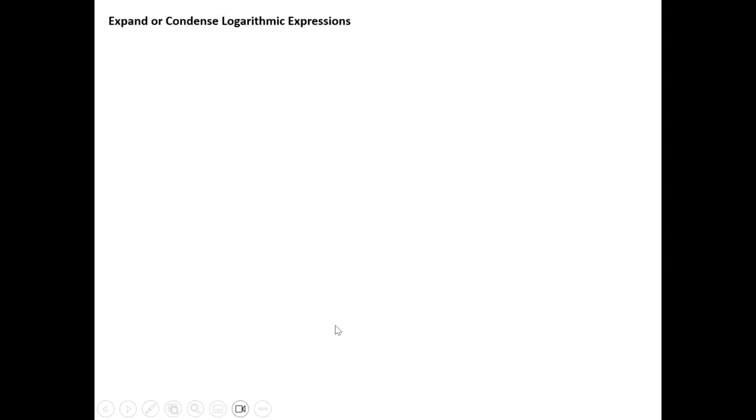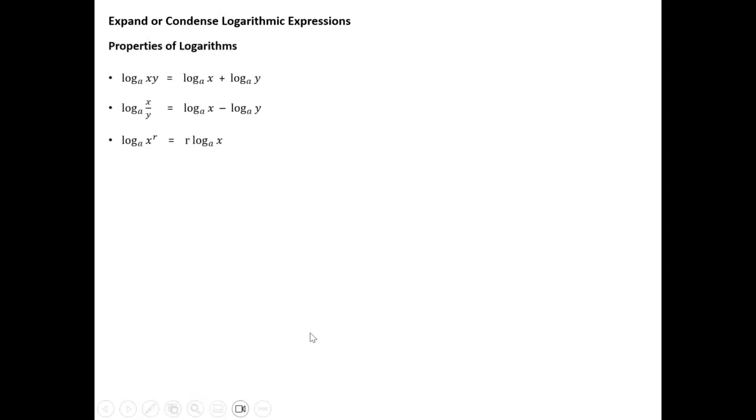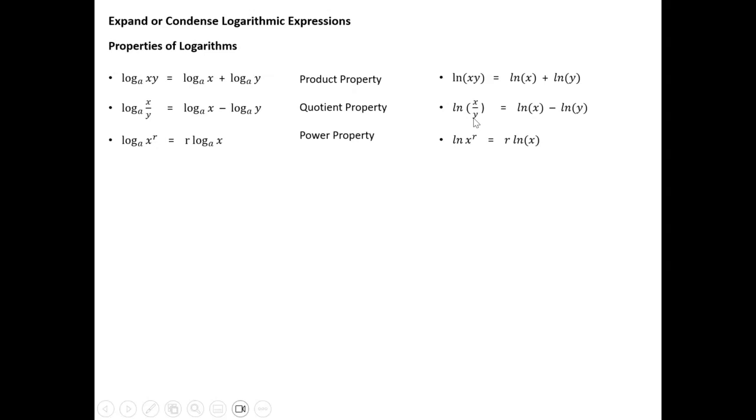Now expand or condense logarithmic expressions. So we have to know some of the properties. For example, property number 1 is called the product rule. The left side is condensed and the right side is expanded. Here are the properties: product property, quotient property, and power property. They also work the same way for natural logs, for the ln.